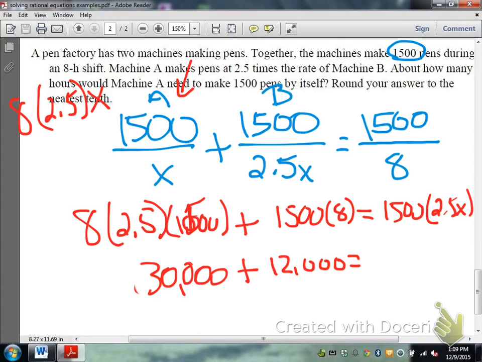Sounds pretty reasonable to me. Confirm my math. Is that 3,750x? 1,500 times 2.5? 3,750. Thank you. So I can put these together and I get 42,000.